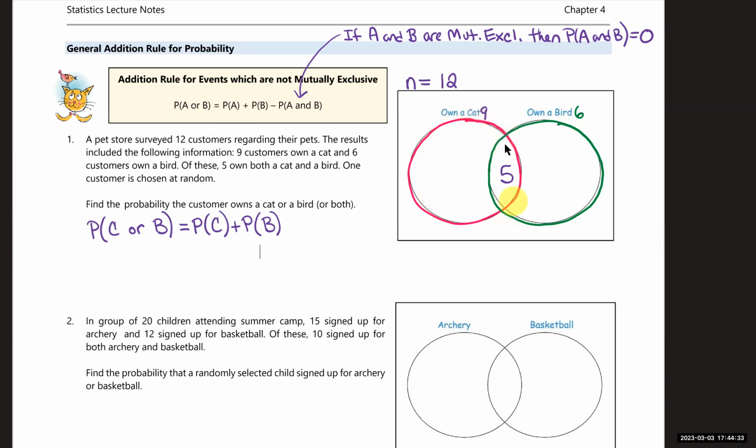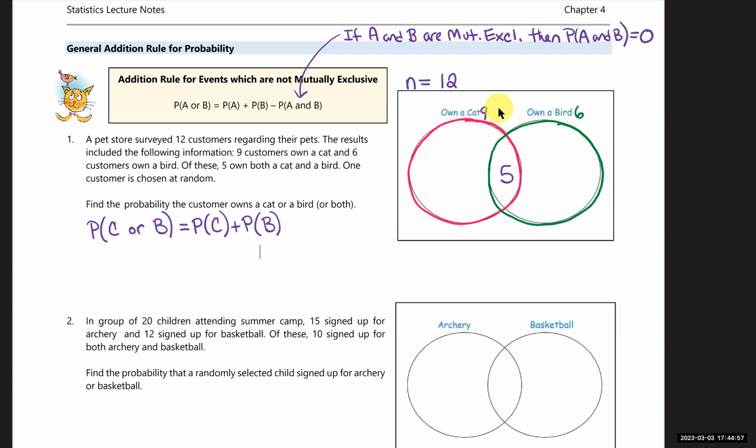So that 9 includes the 5. And then if we added the bird people, 6 people, we would be including 5 again as part of that group. So if we added the 9 and the 6 together, that answer is going to be too big by 5 people, because 5 people would have been what we call double counted. We would have included them too many times by putting the 9 and the 6 together.